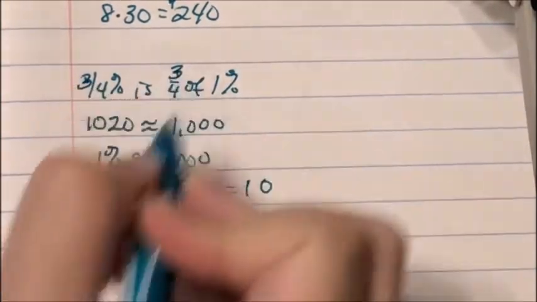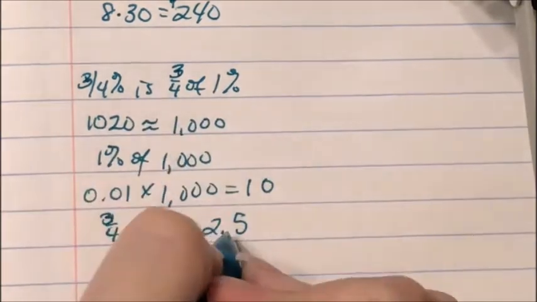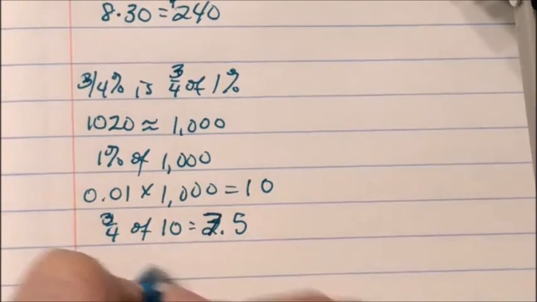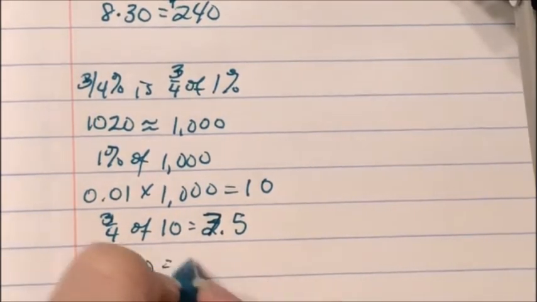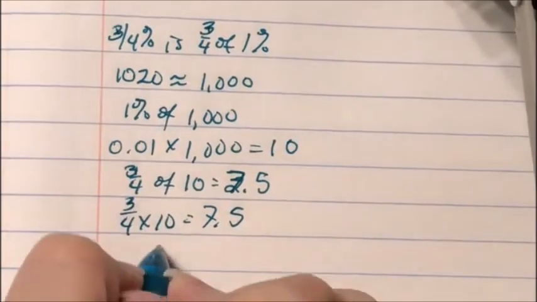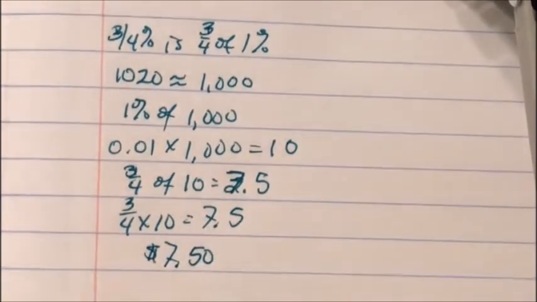So 3/4 times 10 is 7.5. So 3/4 of 10, which is really 3/4 times 10, equals 7.5, which means $7.50 is about how much the county makes on the computer.